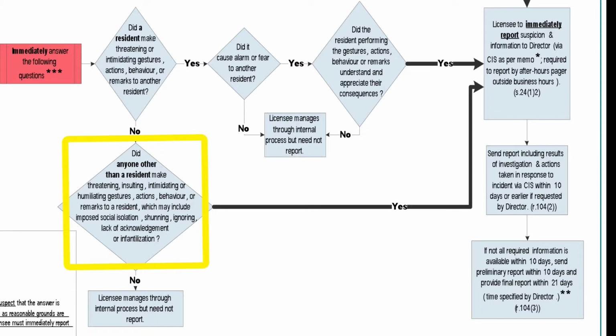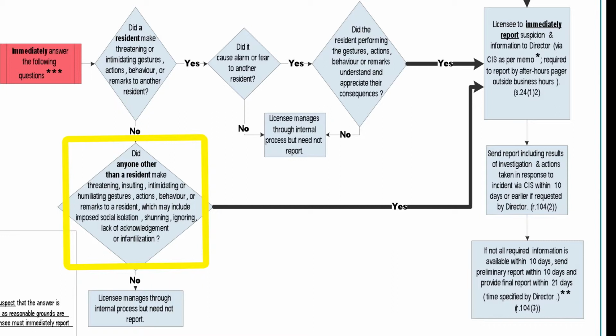So if it's anybody else, if it's staff, if it's family, if it's volunteer, if it's anybody other than a resident, then yes it was, make threatening, insulting, intimidating or humiliating gestures, actions, behavior, or remarks which may include imposed social isolation, shunning, ignoring, lack of acknowledgement, or infantilization.